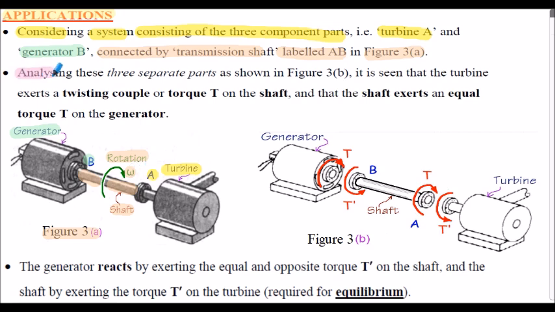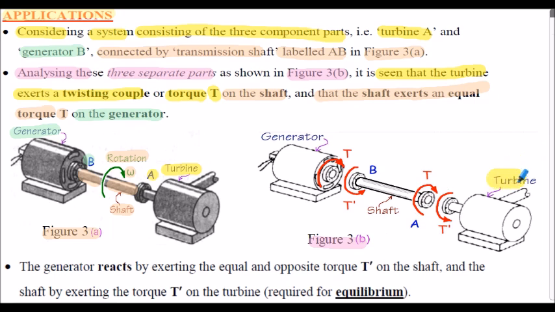Analysing these as 3 separate parts, as shown in figure 3b here, it is seen that the turbine exerts a twisting couple, or torque, T on the shaft, and that the shaft exerts an equal torque T on the generator.